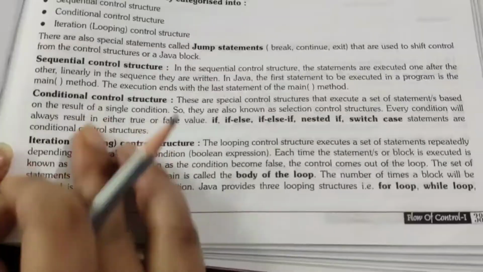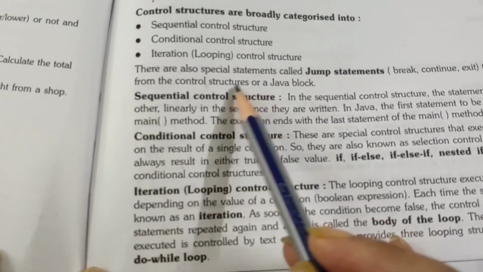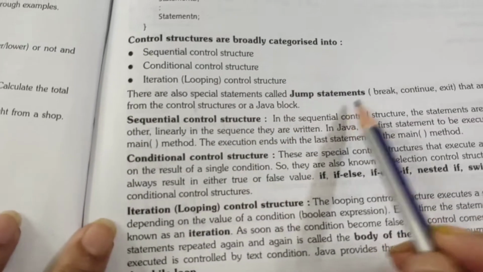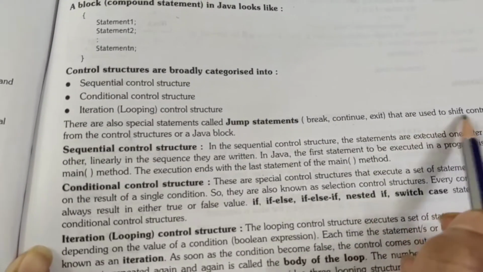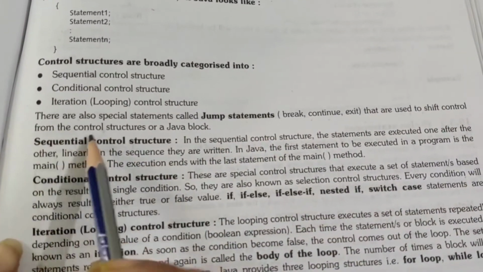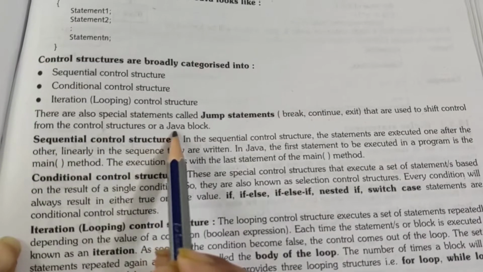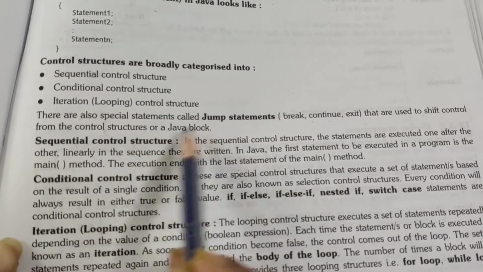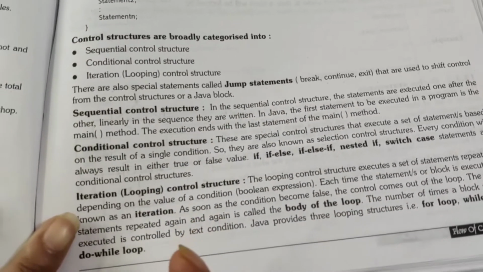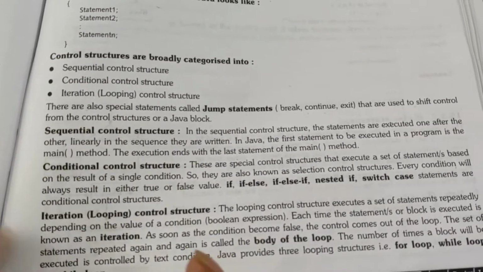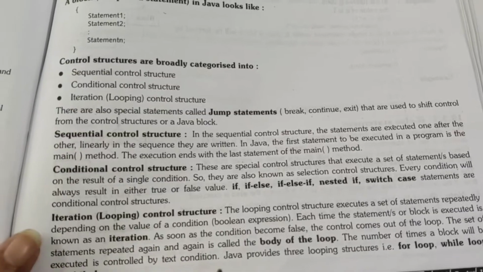There are also special statements called jump statements: break, continue, exit, that are used to shift control from the control structure or Java block. These statements indicate skipping a specific portion of a program and executing the rest of the program.